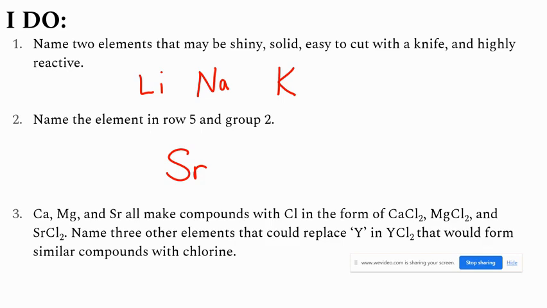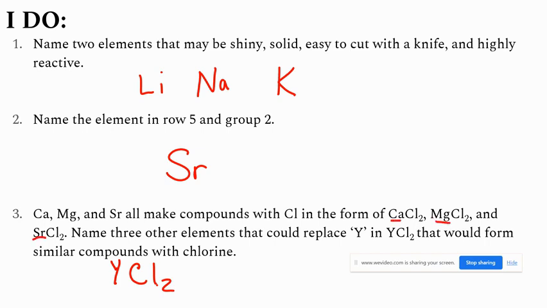So this is going to be Y, and we've got Cl. We've got 2 Cl's to every 1 Y. We know that calcium did it, magnesium did it, strontium did it.